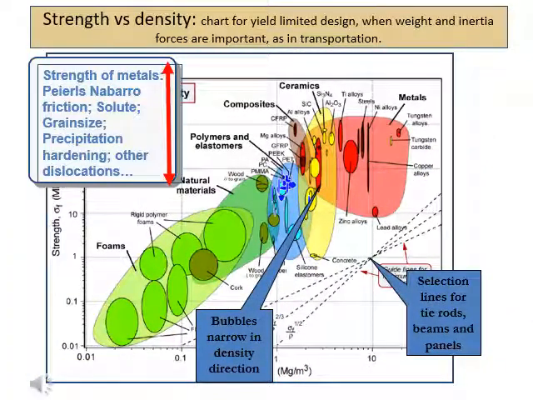Continuing from the previous slide. Here you can see the bubbles of several material families are narrow in the density direction because the density is almost the same with different strength. For example, the red bubble is the aluminum alloys bubble. As you know, there are several series of aluminum alloy from 1000 series to 7000 series.